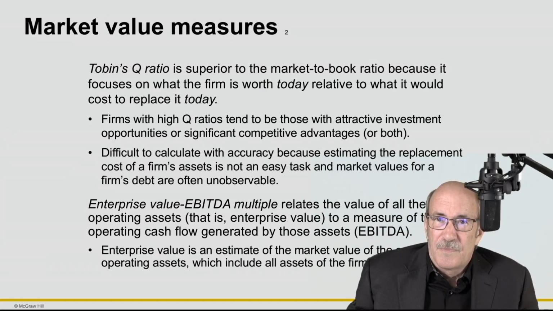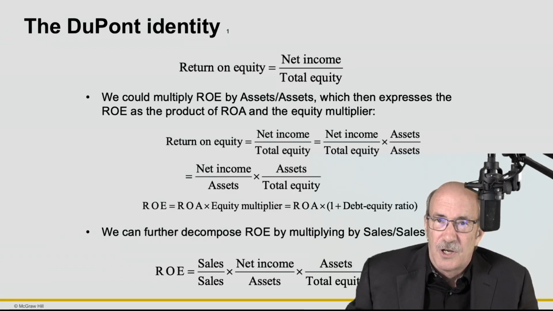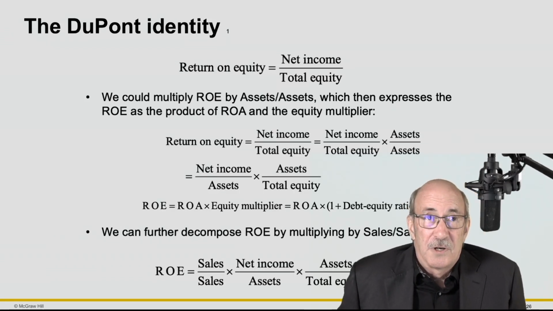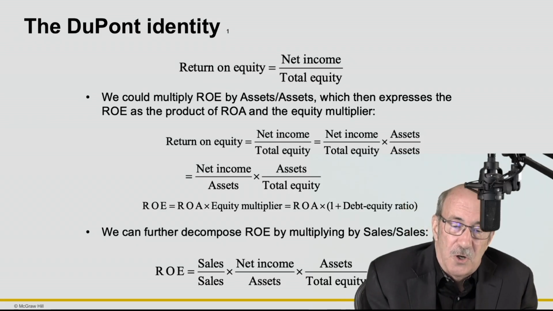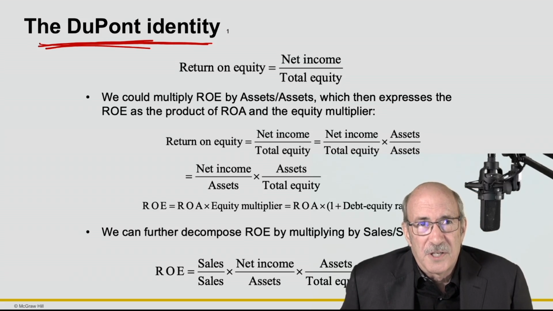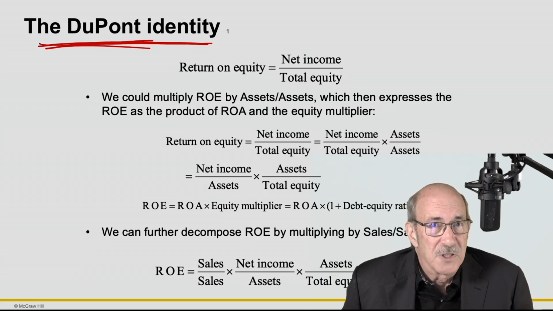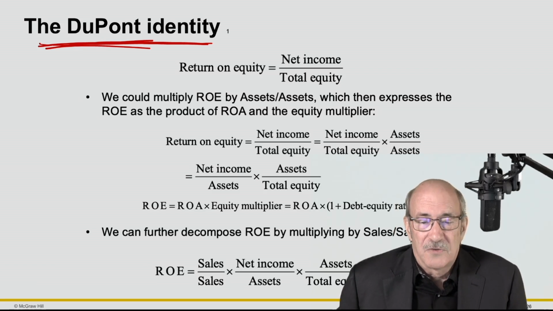Now, there's another ratio analysis that is very important. This is called the DuPont identity. I call it DuPont analysis. Others will call it simply ROE decomposition, which is really most illustrative.